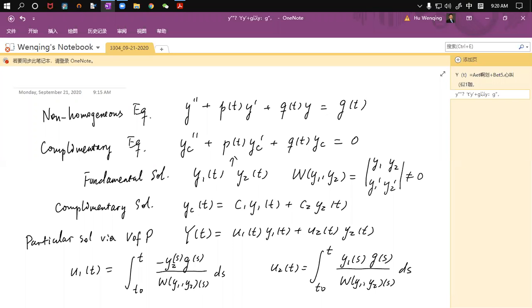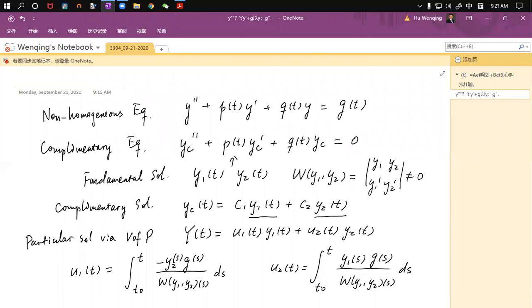The second simple remark is that we're looking for a particular solution of the non-homogeneous problem. Now, everything about the homogeneous problem is, in a sense, incorporated. All the information about the homogeneous problem is incorporated into the two fundamental solutions y1, y2, because these two fundamental solutions, as building blocks, help you build up the complementary solution.